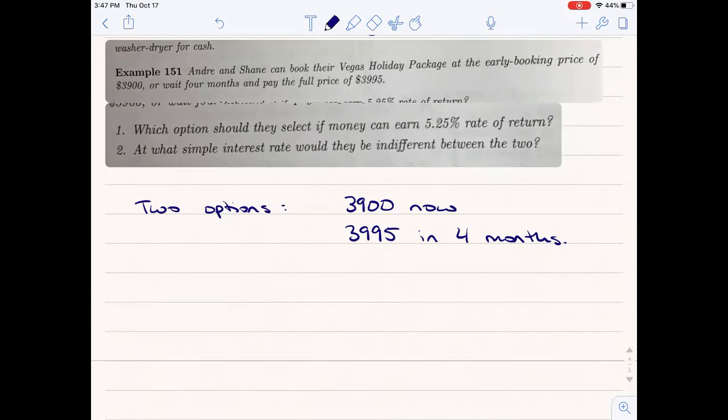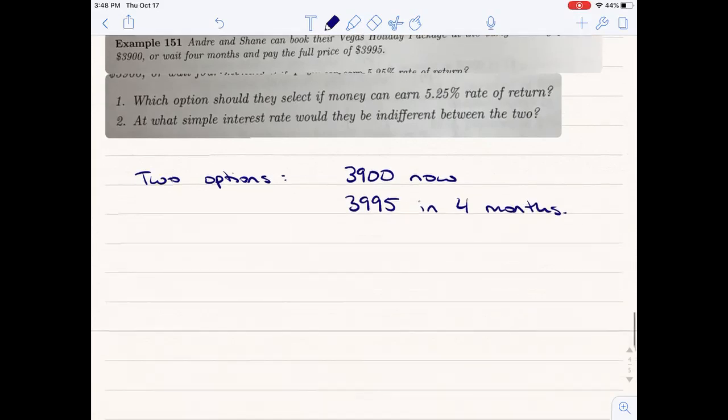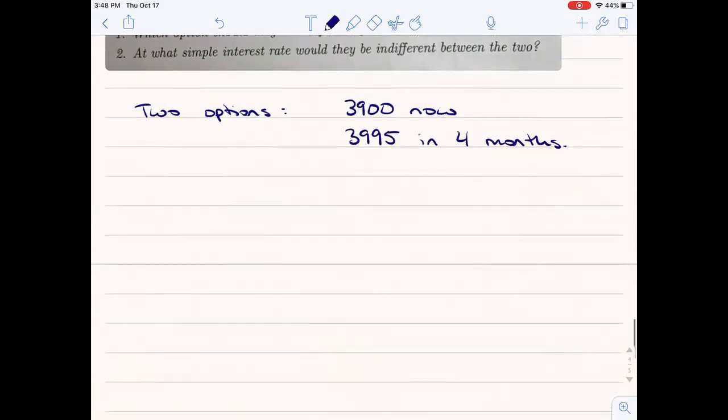So you can see how, depending on which way we're moving the money, if it's from 4 months from now back to today, we're calculating a principal amount. So for me, it makes more sense to pull the 3,900 into the future, also because I like calculating future values more than present values. That's just me. And so if we map this out on a timeline, it's going to look something like this.